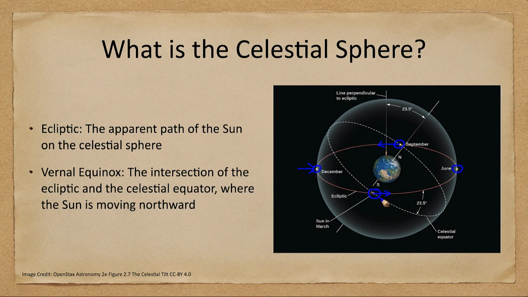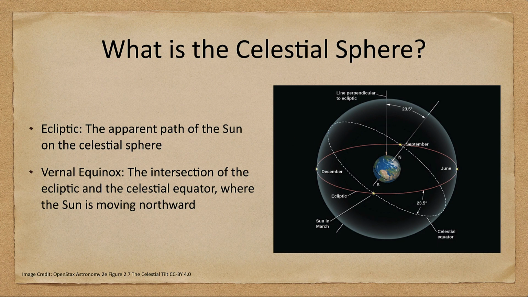The vernal equinox, the beginning of spring, the sun crosses the celestial equator heading north. In September, the autumnal equinox, it crosses the celestial equator heading south. In June, it is furthest above the celestial equator, so highest in the sky. And in December, it is furthest below the celestial equator, so it is lowest in the sky.